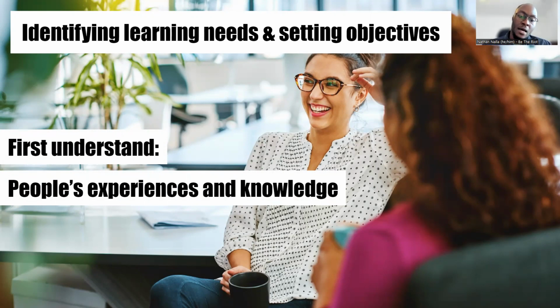Okay, so how are organizations identifying EDI learning needs and setting objectives in the real world? Well, let me introduce Nesta, the UK's innovation agency for social good. They partner with government, private, and third sector organizations to tackle some of society's biggest challenges, such as inequality, poor health, and climate change.